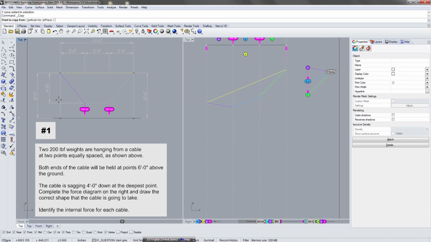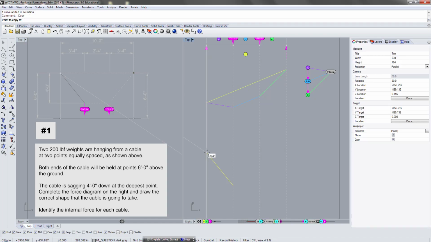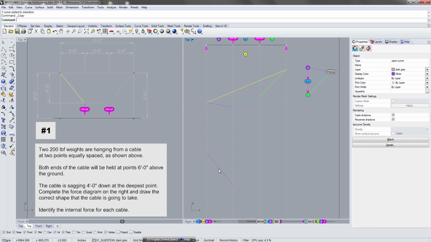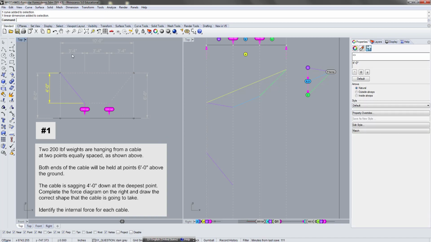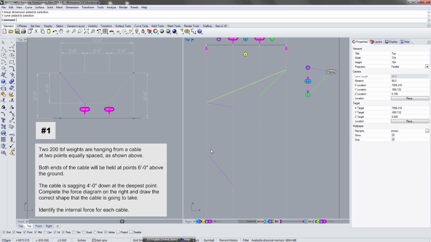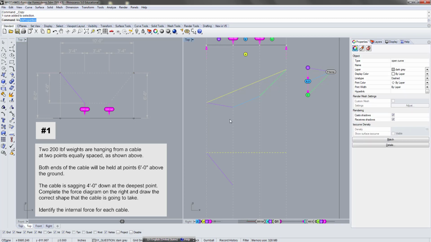First of all, we intend the first portion of the curve to be at this angle because it's 4 feet deep and 3 feet 4 inches wide. That's the angle that we want it to take. And we also know that the closing line of this force polygon needs to be horizontal.